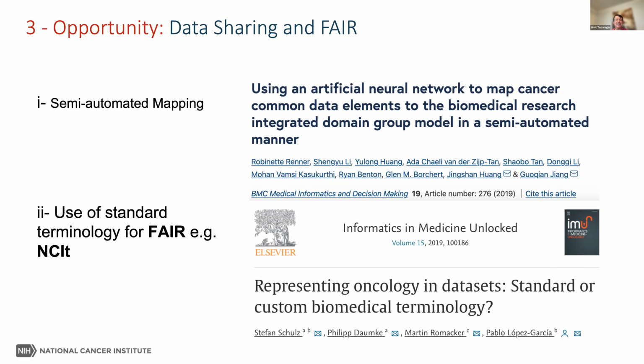In this work, Schultz et al. studied the coverage of several existing ontologies and indicated that NCIt has around 93% coverage, I think, instead of trying to create a custom biomedical terminology.